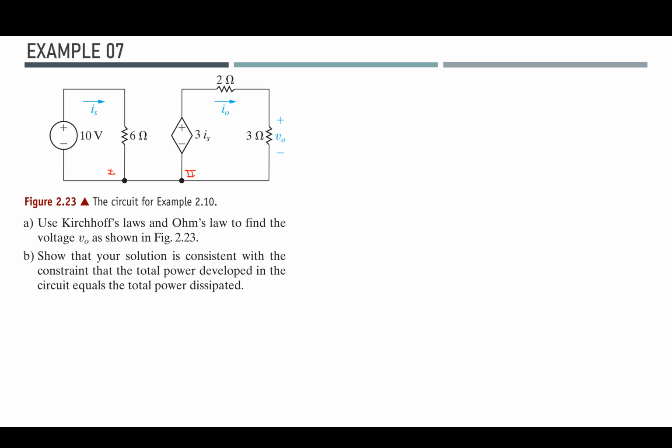So I can write down a KVL in the first loop. KVL, let's say 1, and if I rotate in this direction, it's going to be minus 10 volts plus 6 ohms times IS.